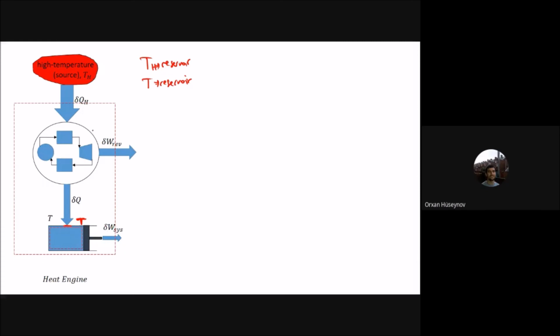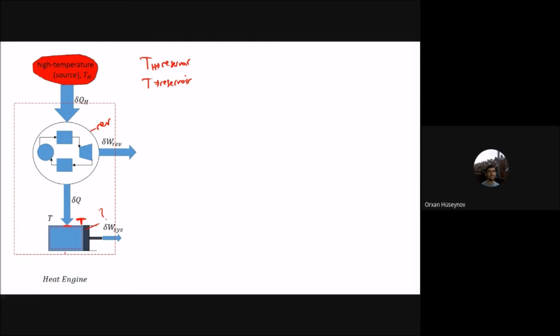This one is reversible, this one is under question. If you look at the overall picture, you can see there is a problem which violates the Kelvin-Planck statement, that you have one source of heat and you have work, but no sink, no heat rejected. So that violates the second law of thermodynamics.